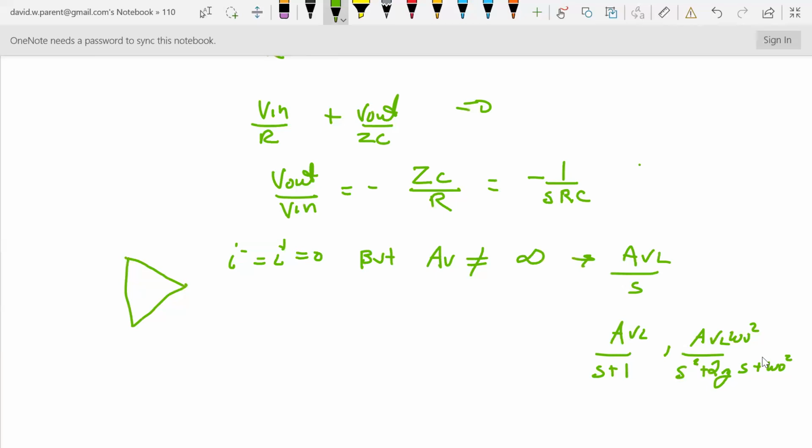I'm just saying the open loop gain, rather than just be a constant, can be over S, or it can be a single pole, or it can even have a double. And if we look at LTSpice, sometimes there's 7 poles in a real op-amp. But those poles are at such a high frequency, sometimes we can still safely ignore it. All right, and I'll teach you when to safely ignore it. Okay.